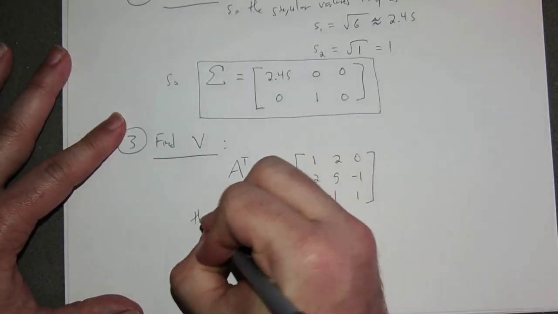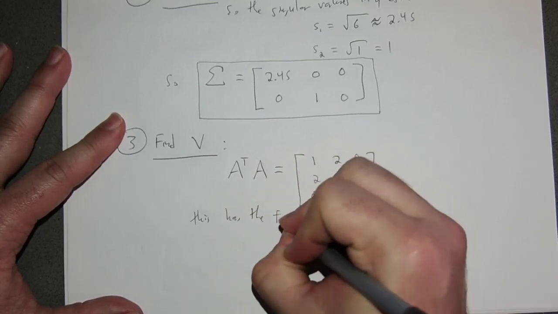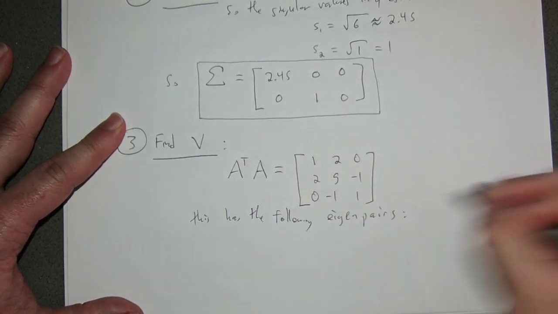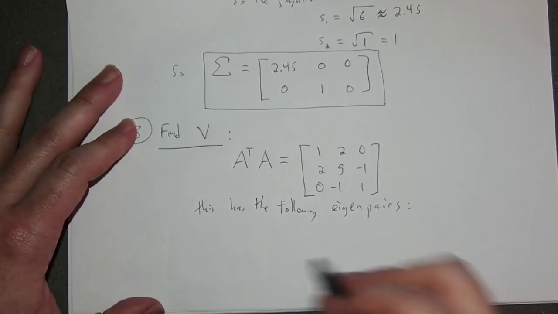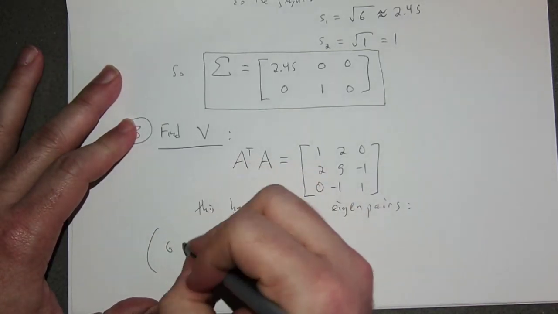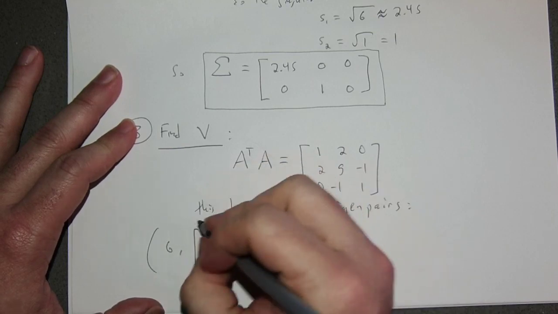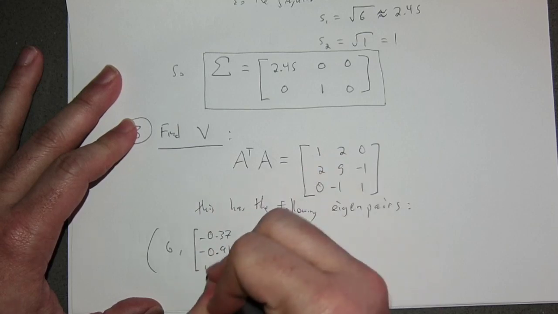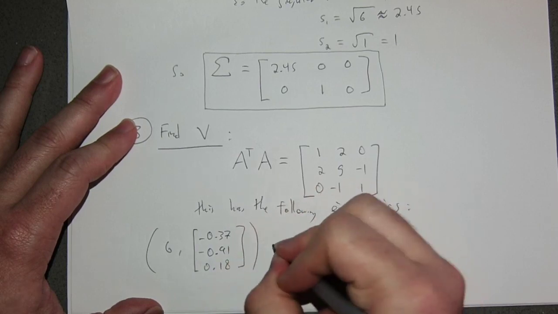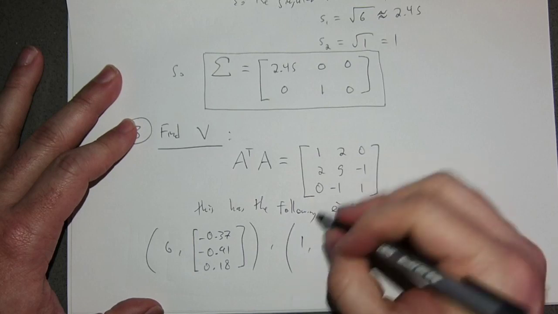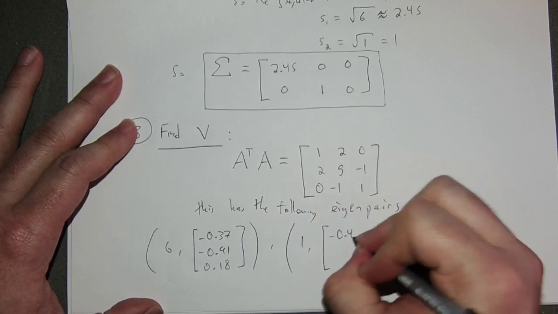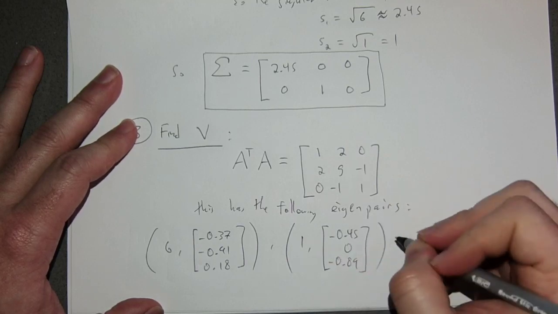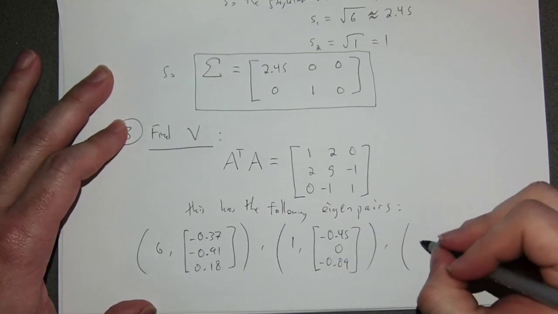This has the following eigenpairs. So the eigenpairs are: 6 and unit eigenvector minus 0.37, minus 0.91, 0.18; 1 and minus 0.45, 0, minus 0.89; and one more eigenpair.